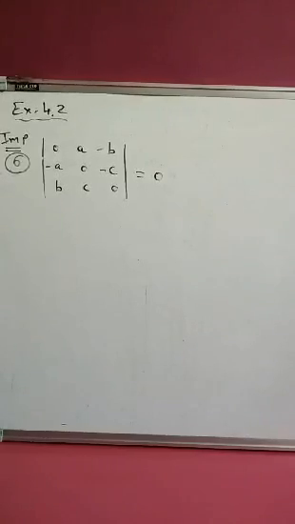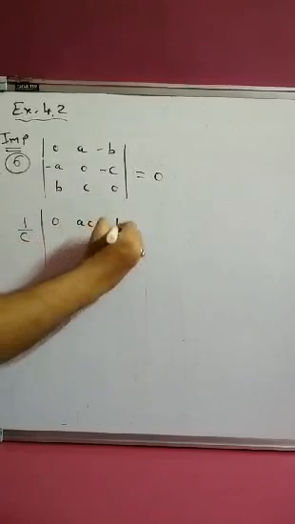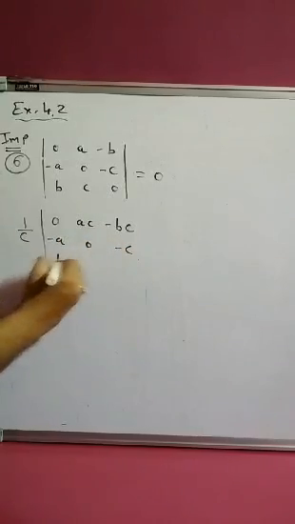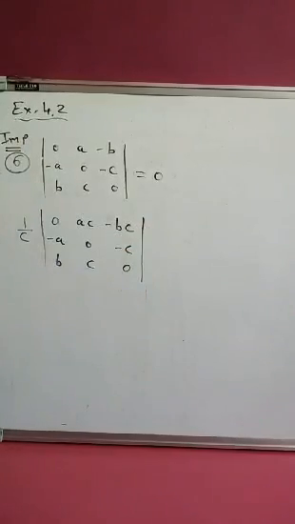I can first of all do one thing. I can multiply C here and divide C outside, from the first row. Why I have done that, I will tell. Because here we want to get any two rows equal.